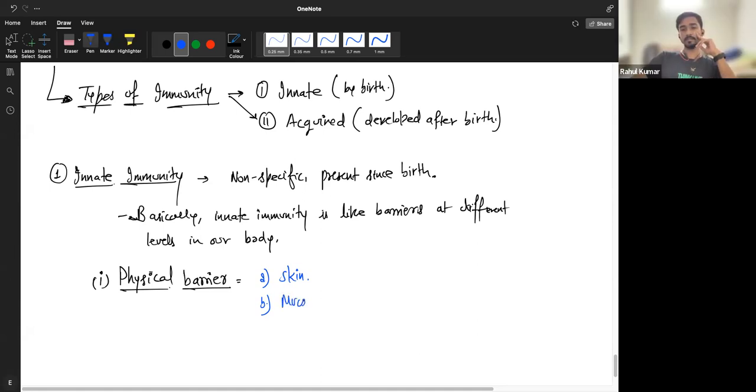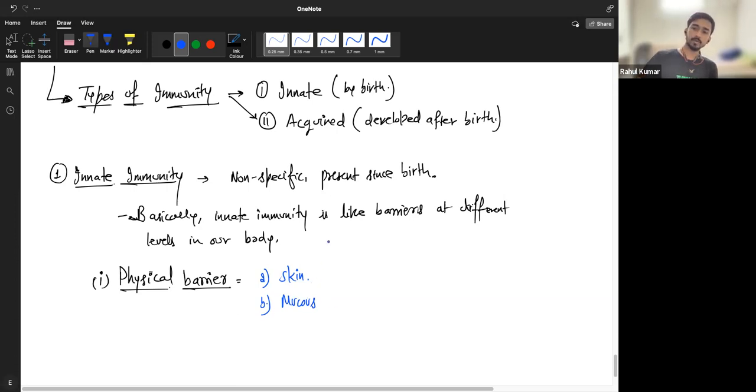So skin and mucus are present, because mucus is covering the whole internal lining of our body, whether it's nose, ears, mouth, intestines, small, large, stomach, everything is lined by mucus. So second is mucus.